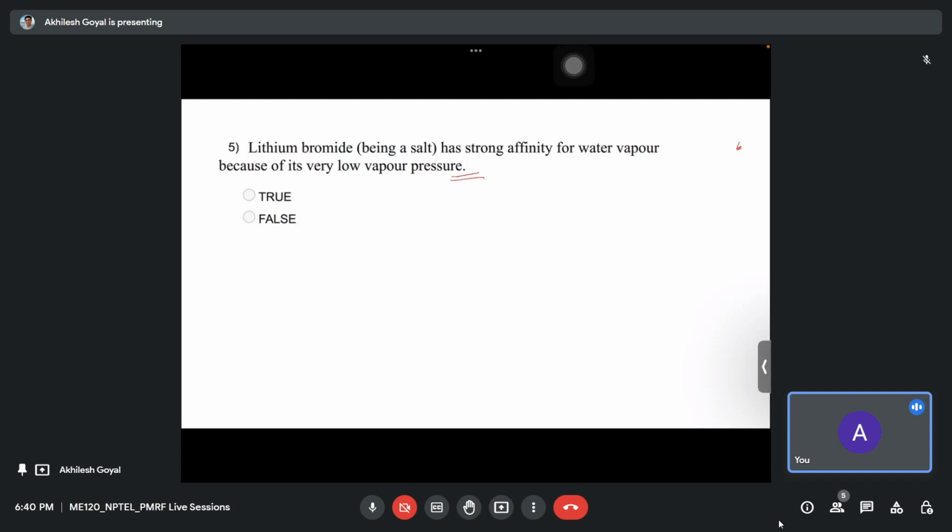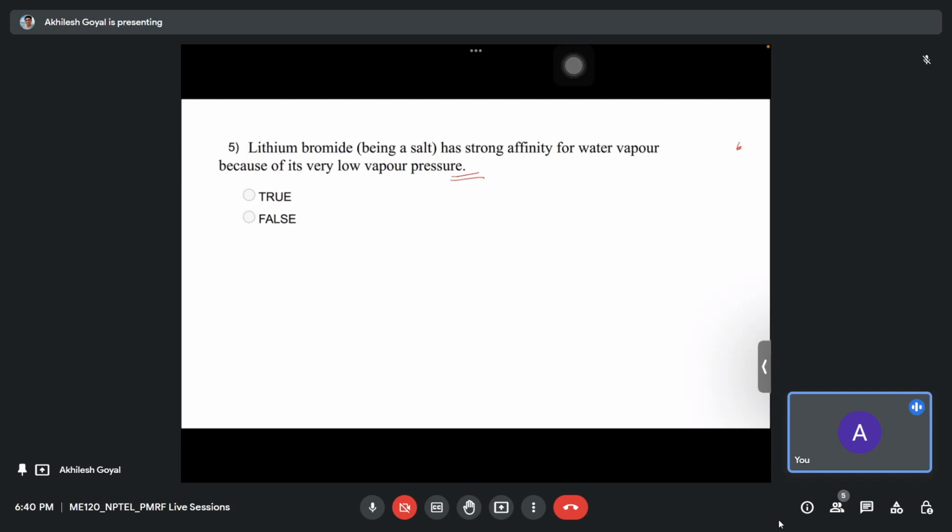This lithium bromide has a very strong affinity for water vapor, and the only reason for that is the lithium bromide has a very low vapor pressure, and that's why it has this strong affinity. So this is a kind of fact, and there is nothing much to explain in this statement.